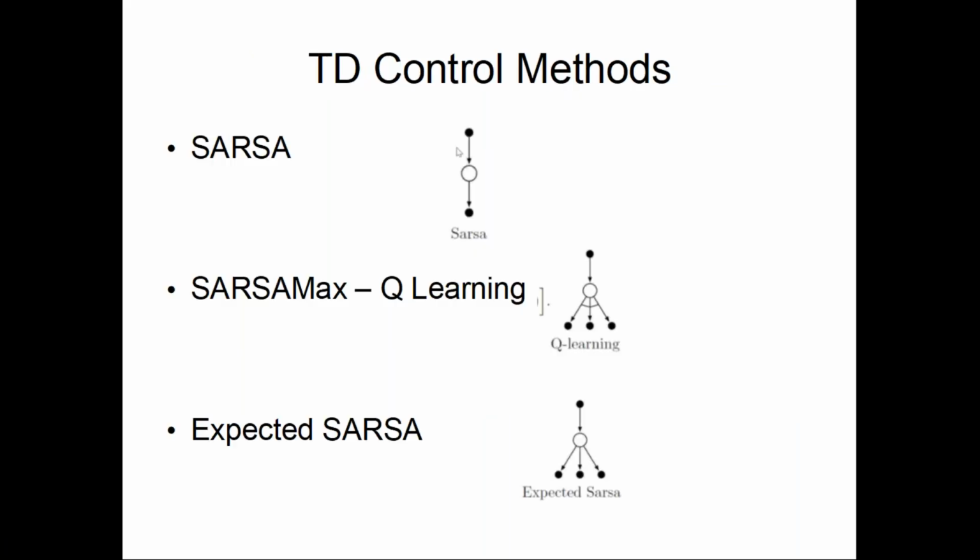Now when it comes to control, we know the state value function, so what is the action to take? That is the control methods. One is straightforward: we have one action state and then the next action, a simple sequence we follow.